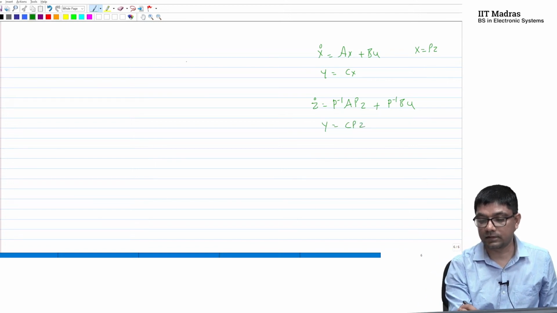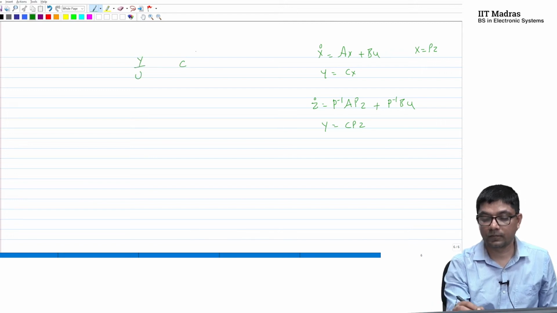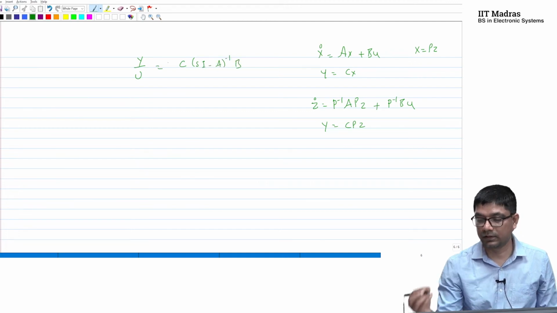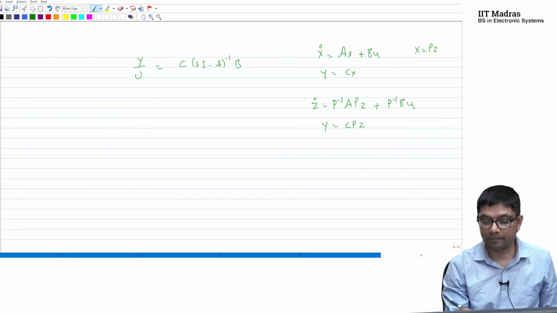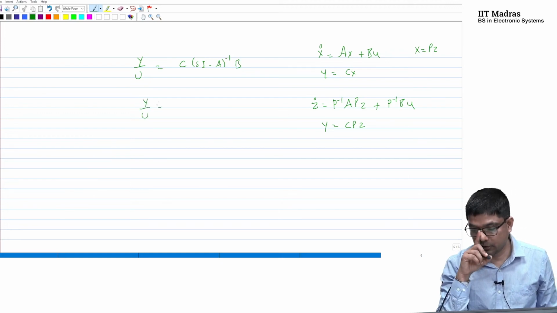What is the transfer function? Transfer function is y over u will be C(sI minus A) inverse B. I am leaving out the D term. Similarly here, y over u will be, what is my new C here?